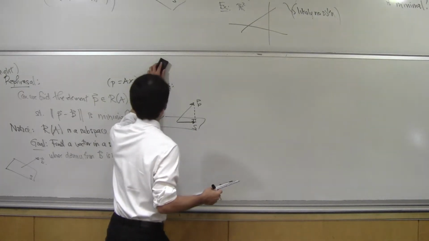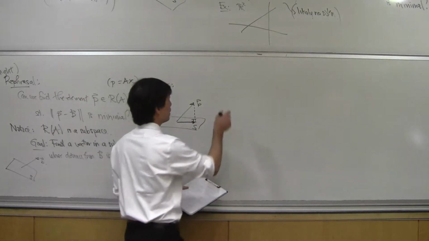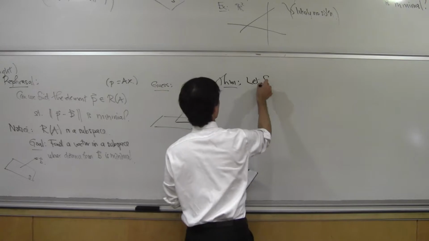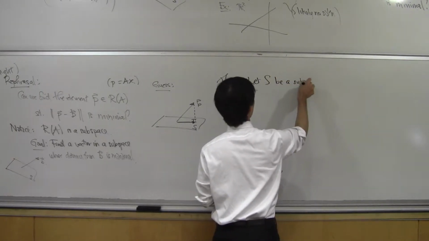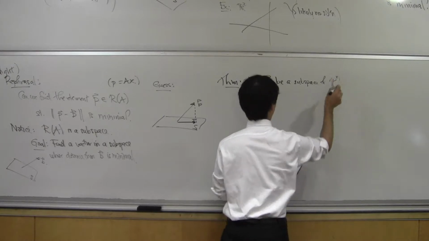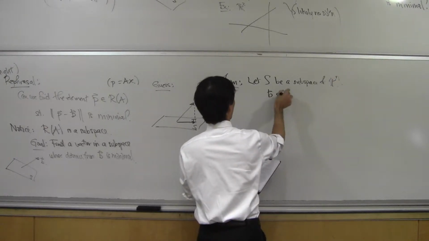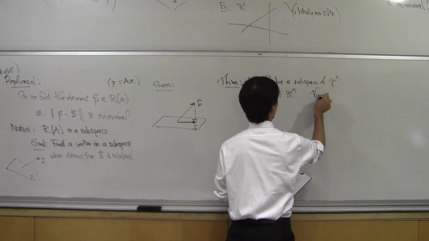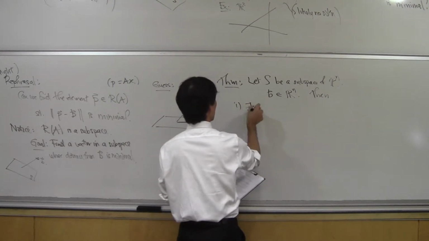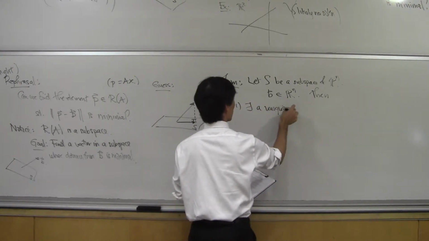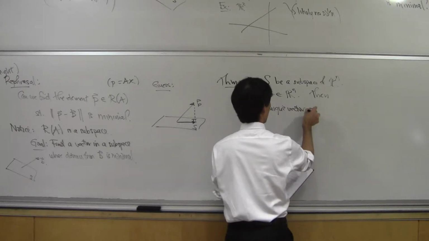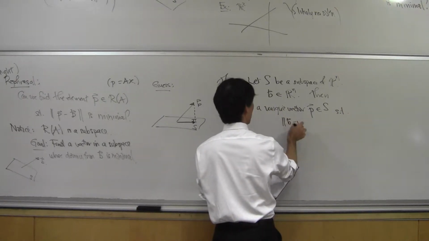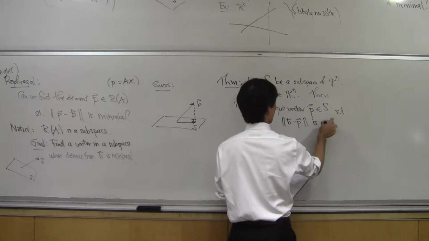I'm going to leave this up. So here's the theorem. Let S be a subspace of Rn, and let b be some vector in Rn. Then there exists a unique vector p in S for which the distance of p to b is minimized.